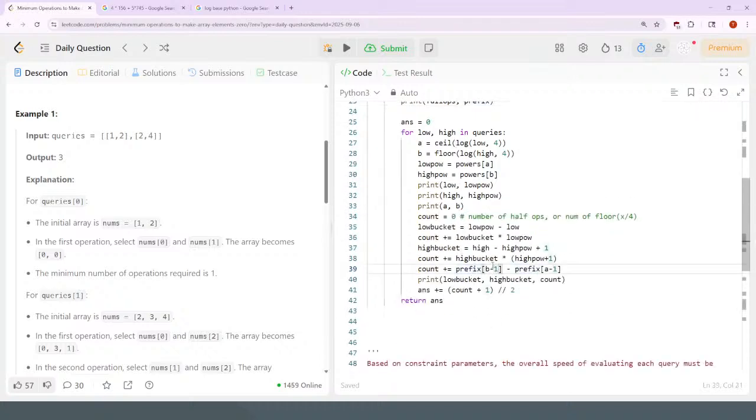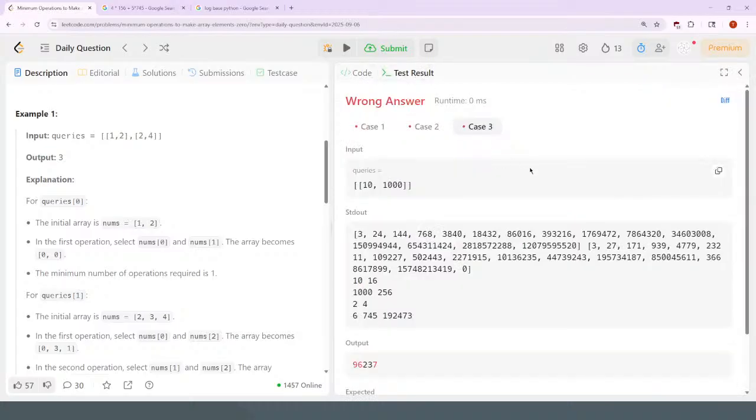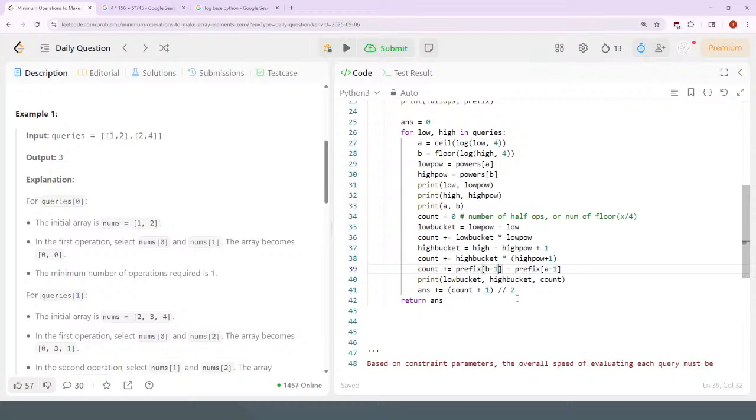Prefix of b minus 1. It's actually doing b minus 1. So it should be doing something even smaller, like 0, 1, 2, 3, 4 should be 939 minus 3. Pretty sure this is actually minus a.